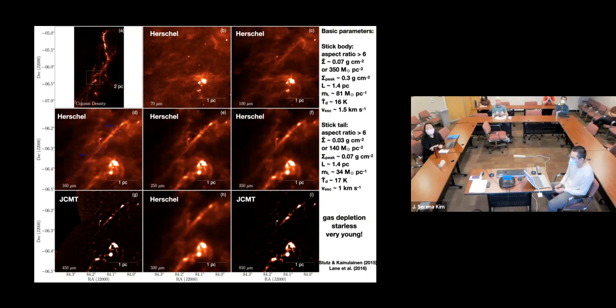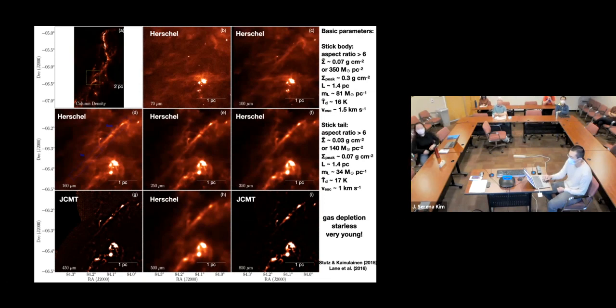And it all started with the Herschel data of the Orion A cloud, where we saw a pretty interesting filament in the L1641. Sorry. Right, in L1641 north region, which is in this region.